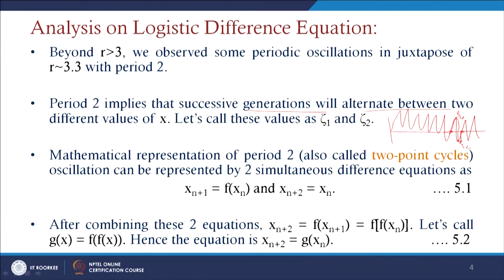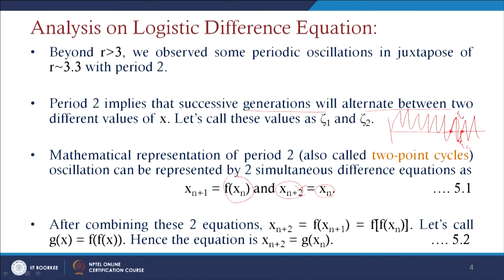So we obtained this difference equation in oscillation form as x n plus 1 equals f of x n, and if periodicity exists for 2 cycles, then we find x n plus 2 equals x n. Whatever value we get at this point, we finally get this value at this point also. That is why we considered x n plus 2 equals x n. And after combining these two equations, x n plus 2 can be written as, since x n plus 1 equals f of x n here.